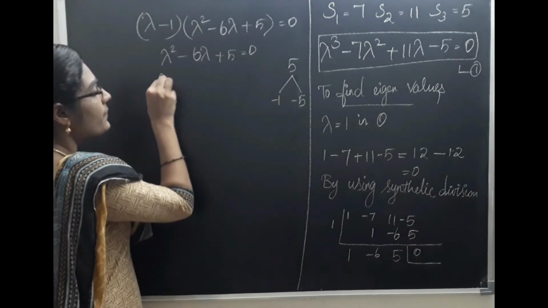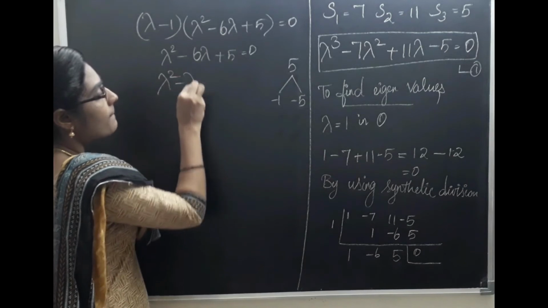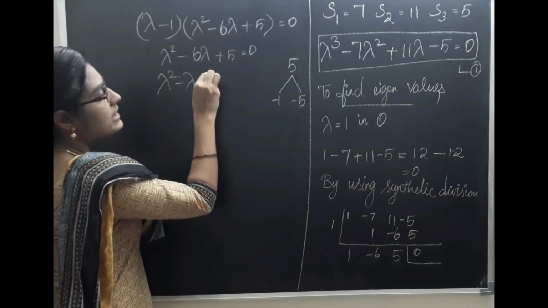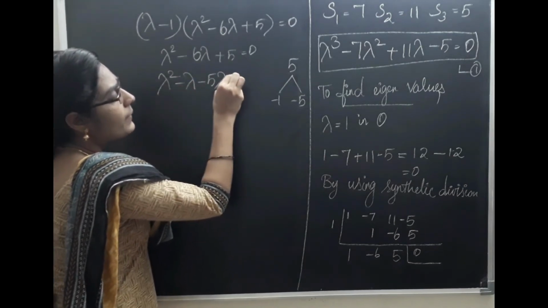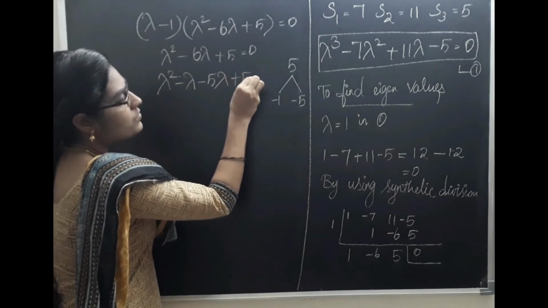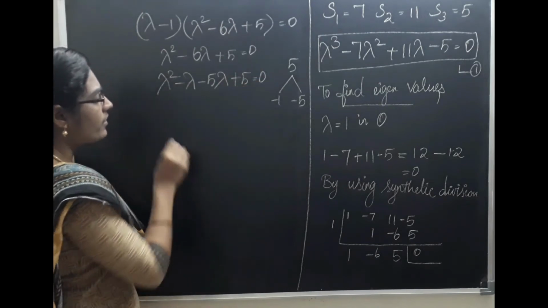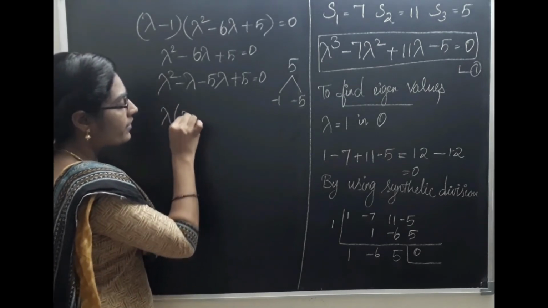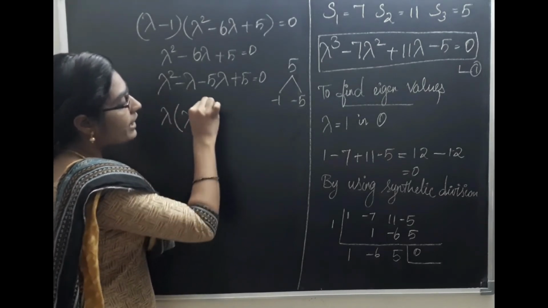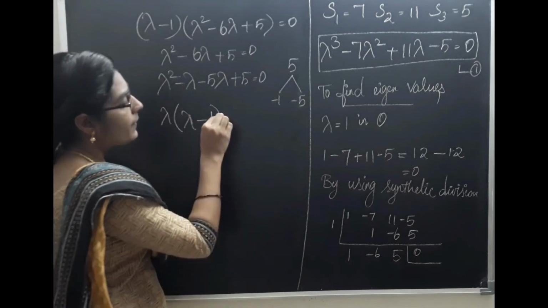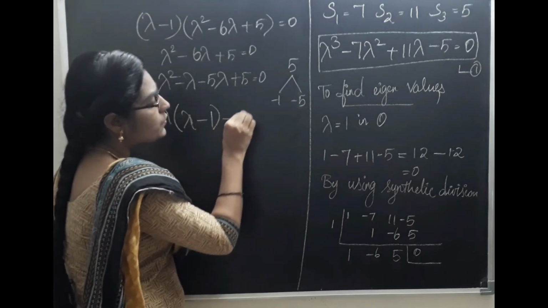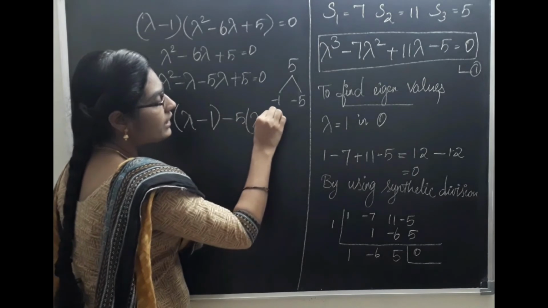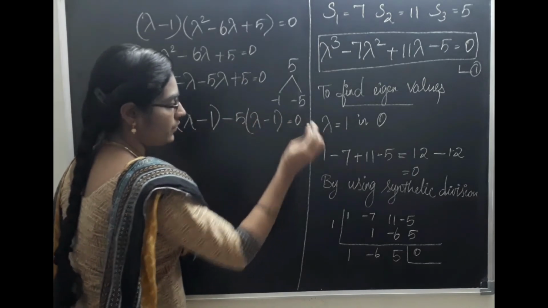Substitute it. Lambda square minus lambda minus 5 lambda plus 5 equal to 0. Taking lambda common, lambda into lambda minus 1 minus 5 into lambda minus 1 equal to 0.